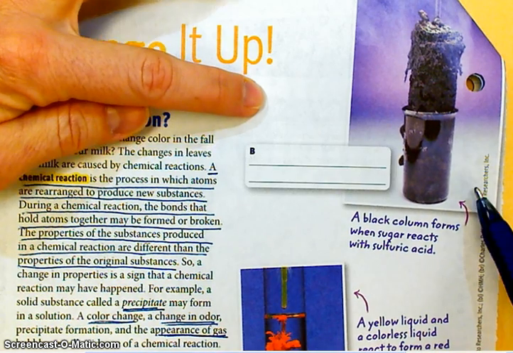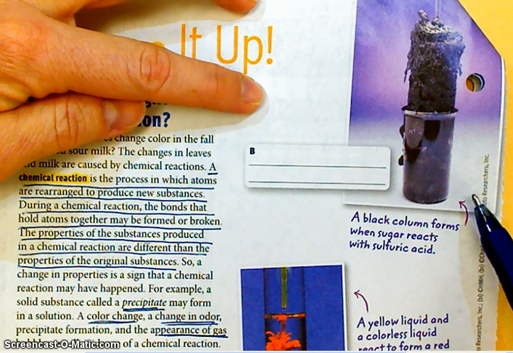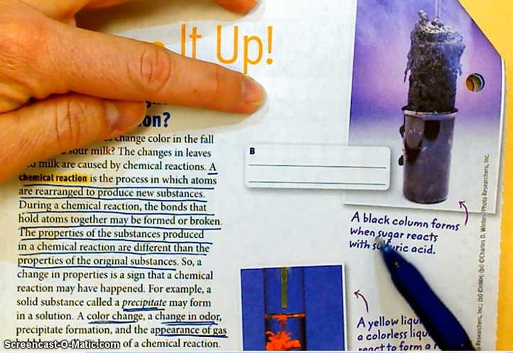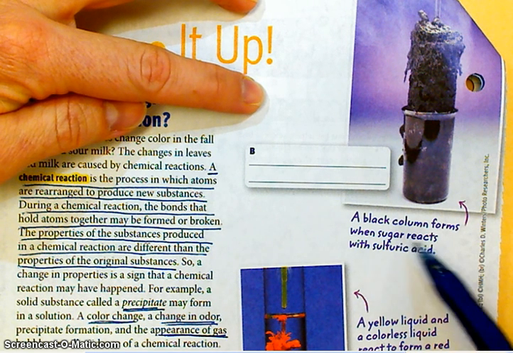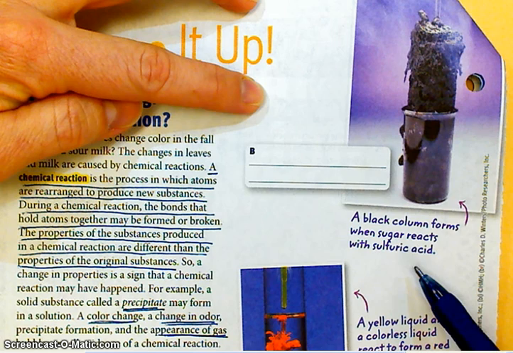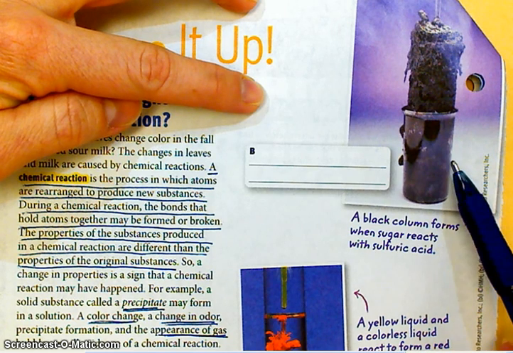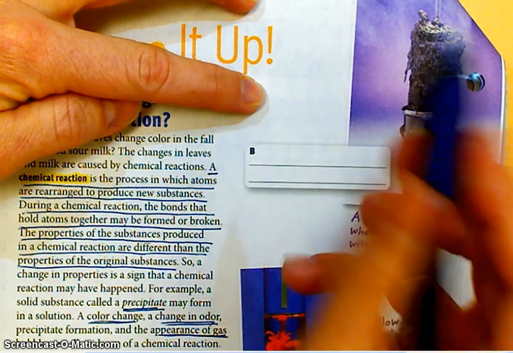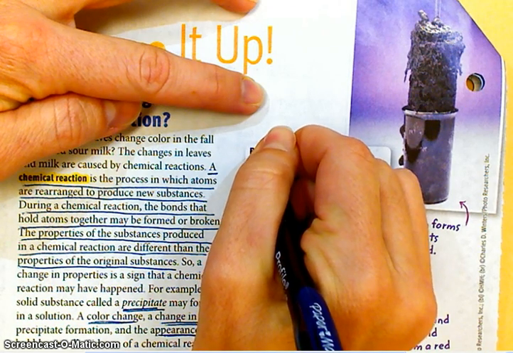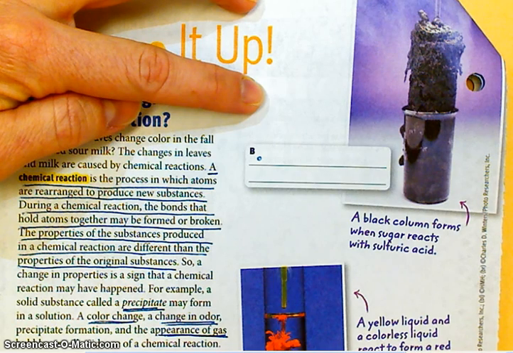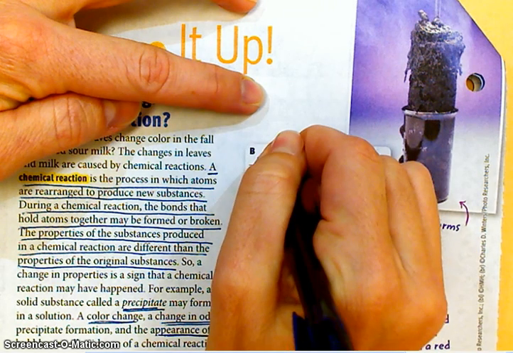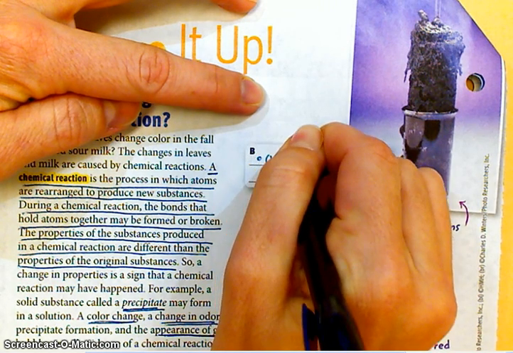Here, we have a black column forming because someone took sugar, white sugar crystals, and reacted it with concentrated sulfuric acid. Okay? When this occurs, what pieces of evidence do you see for a chemical change? First of all, there is a color change.